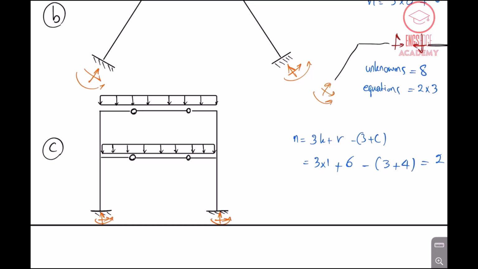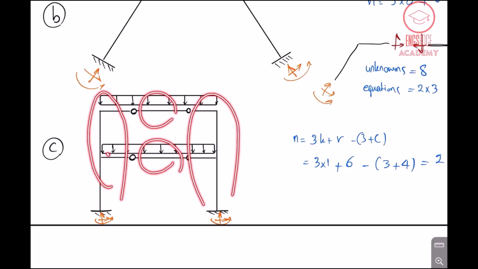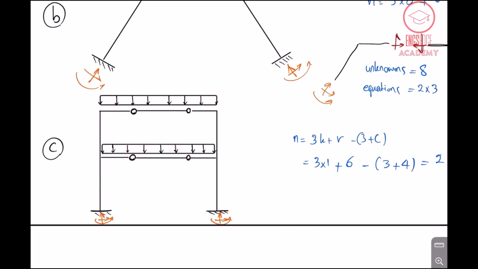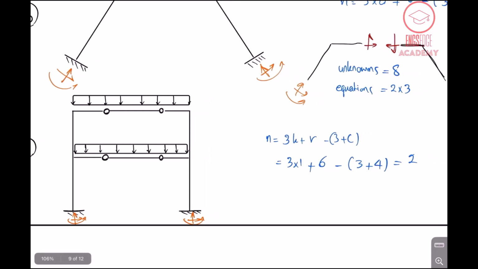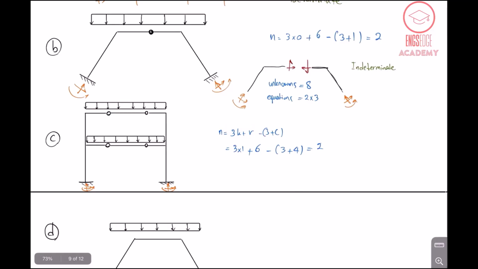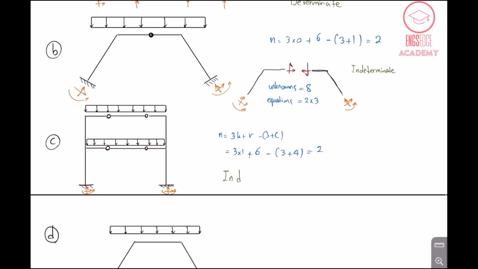So, 8 plus 6 is equal to 14. We have 4 bodies, so 3 times 4 minus 14 is equal to minus 2, in magnitude again giving us a degree of indeterminacy of 2. So this is also an indeterminate structure.